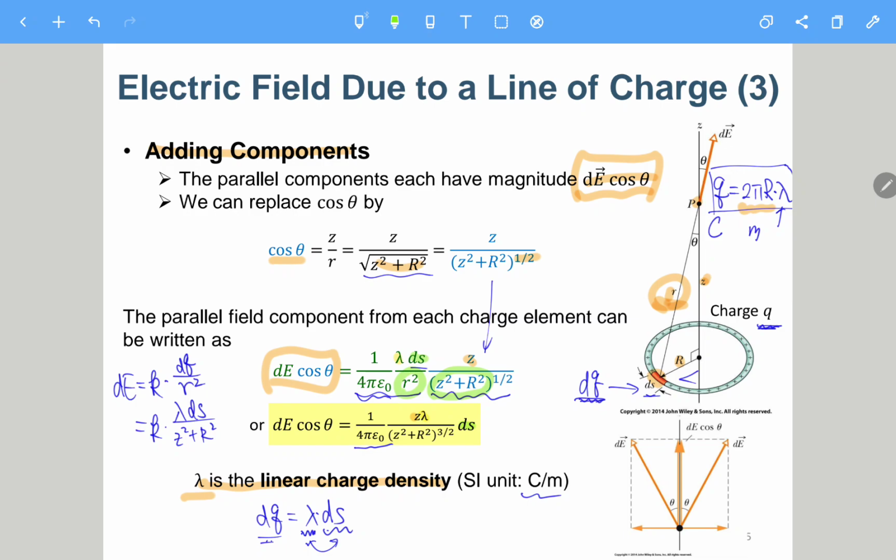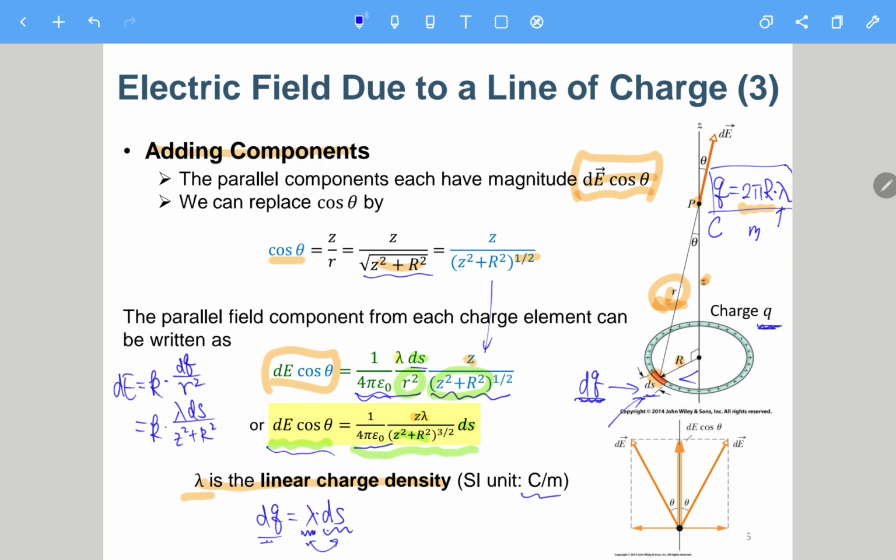So altogether we have small r to the 3/2 power, where small r squared is z squared plus capital R squared, to the 3/2 power. So this is the expression of dE cosine theta. We find the vertical component of the E field generated by ds.